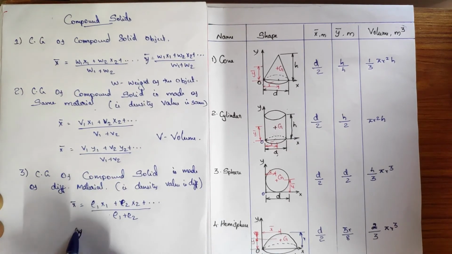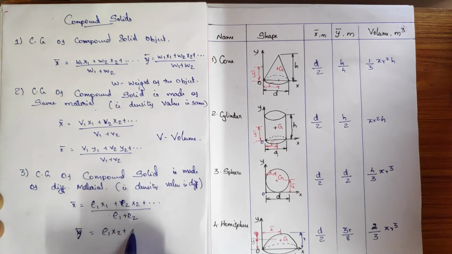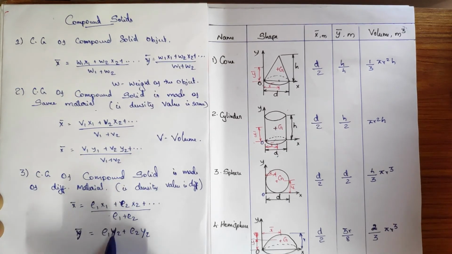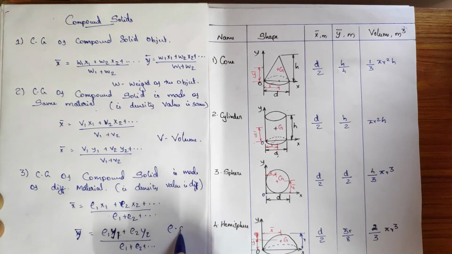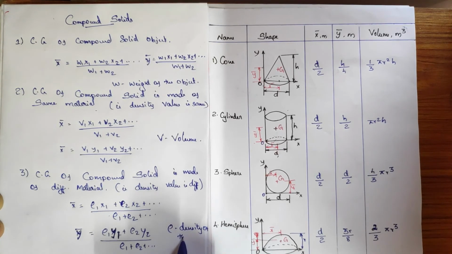And for y bar, similarly rho 1 y1 plus rho 2 y2, divided by rho 1 plus rho 2, and it goes on. Okay, here rho is nothing but density of the material.